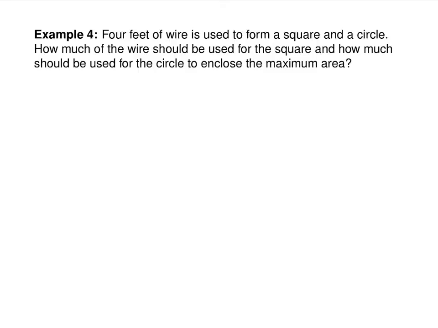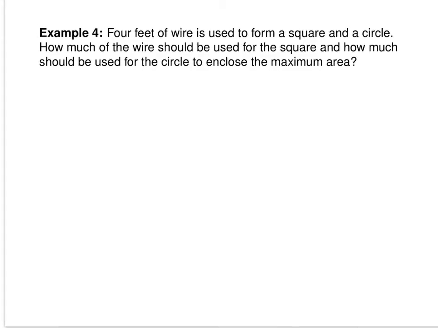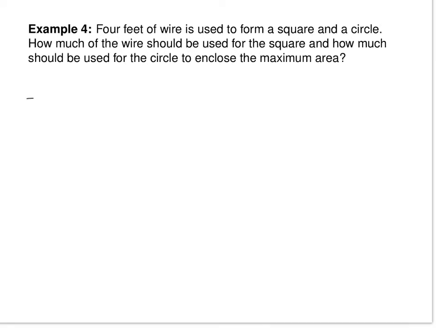Okay. This will be the first example where you have something sort of weird going on. So you have 4 feet of wire. And you're going to cut it, and you're going to make a square and a circle.